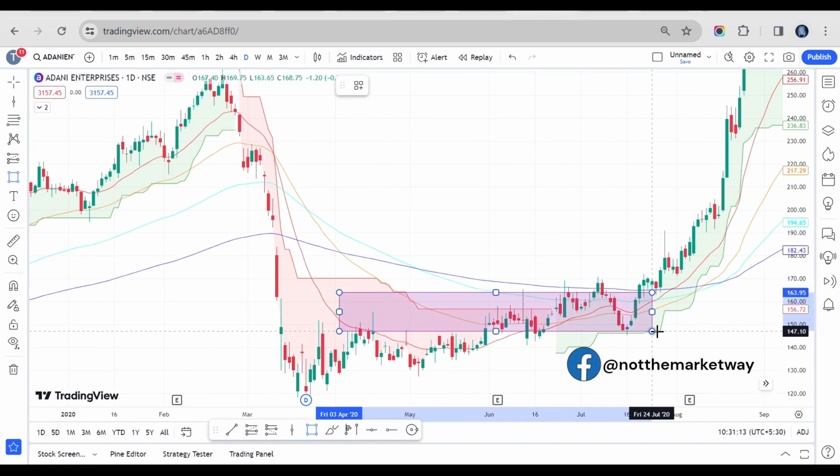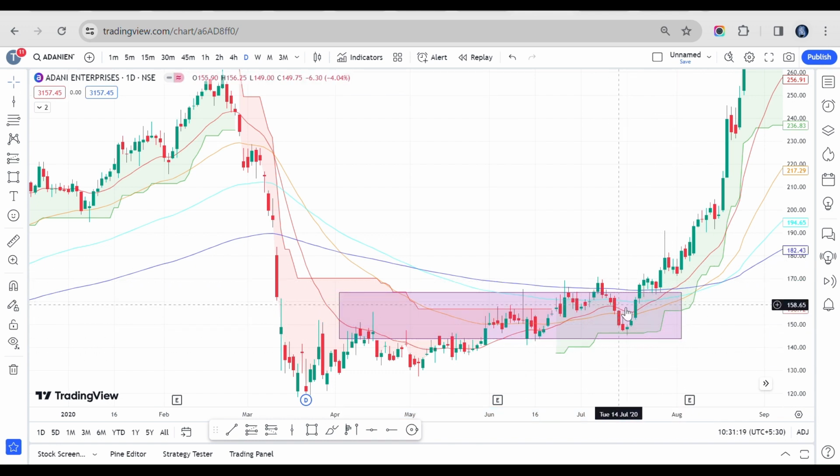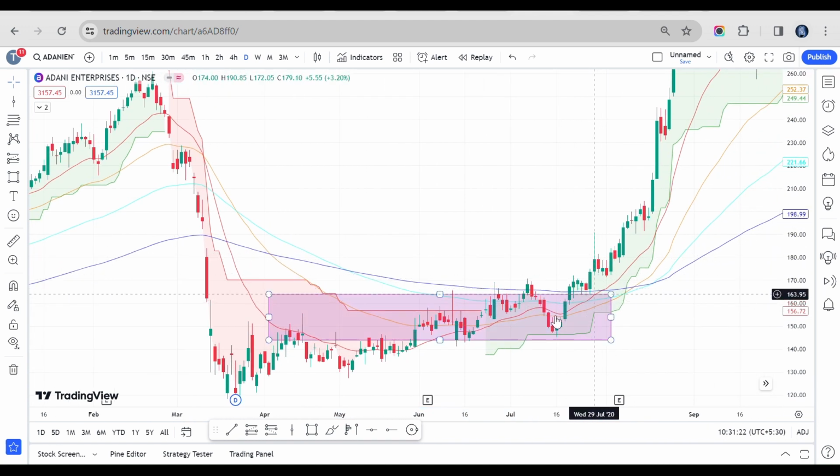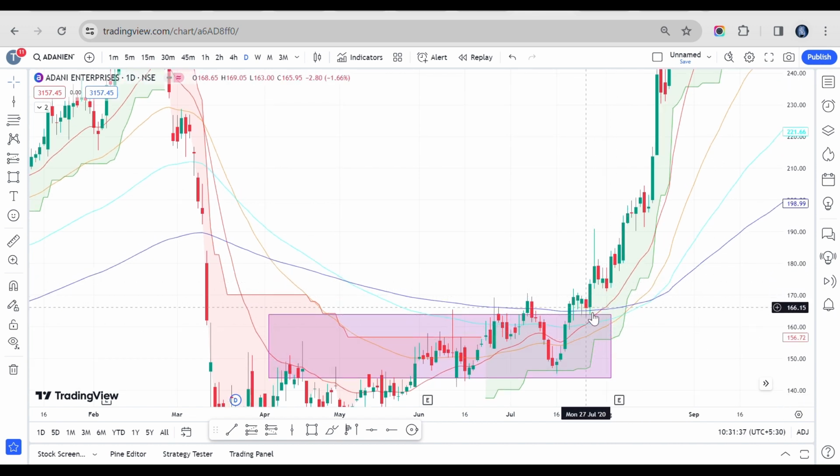This is also an area where a group of candlestick formation has happened and we got a very good base. So our first criteria is triggered, and if we see the second criteria, a candlestick closed above both the indicators. Here our second criteria is also triggered. And if we see our third criteria, the candlestick should close above the 20 EMA very strongly.